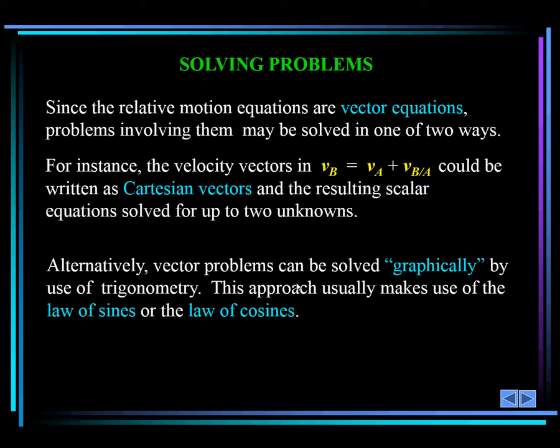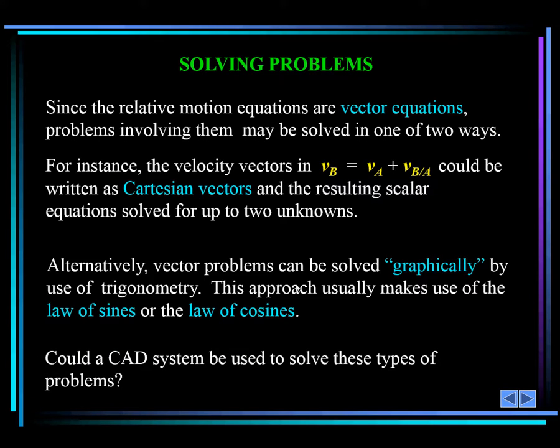Alternatively, vector problems can be solved graphically by using trigonometry. This approach usually makes use of the law of sines and the law of cosines, because you have to solve triangles. Could a computer design system be used to solve this type of problem? The answer obviously is yes.